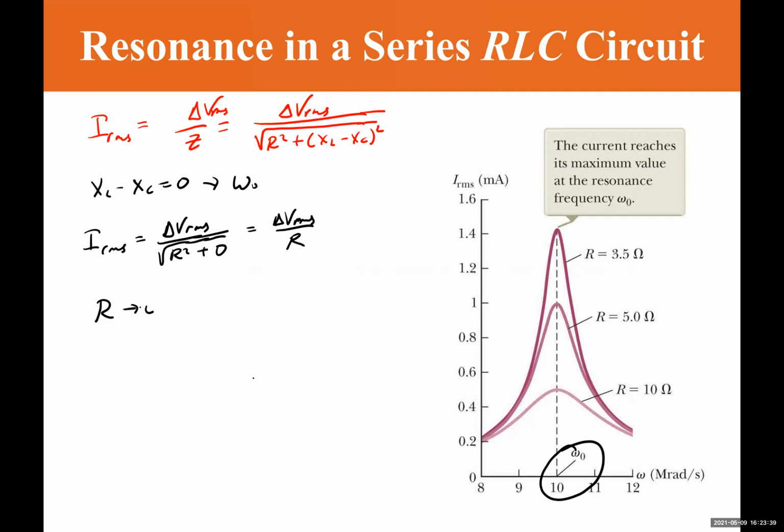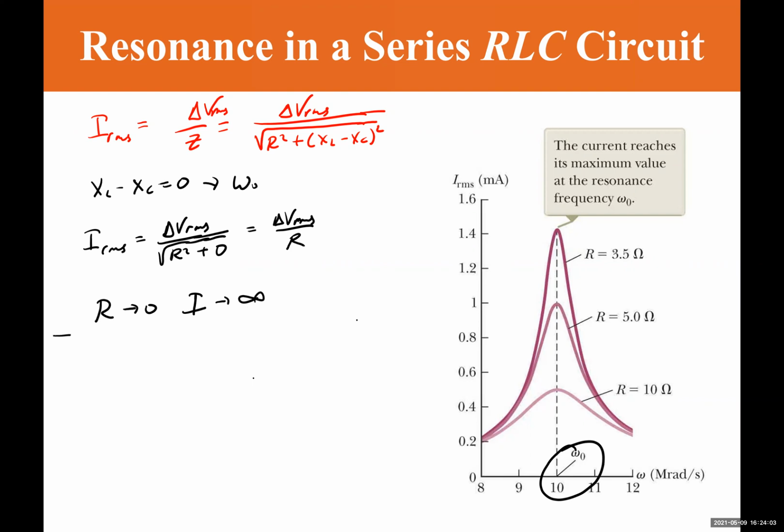Well, when R is equal to 0, it's 1 over 0, which means the current is infinitely high. That means the RMS value becomes infinite at this resonance frequency when R equals 0, because the reactances already cancel each other. If there's no resistance, it blows up and becomes infinitely high.